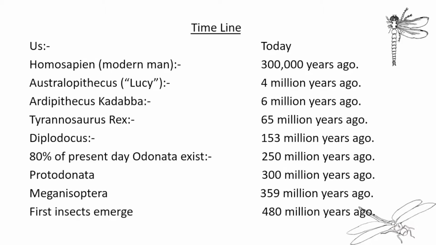Around the Odonata period, or the 300 million year period, this is when we lost the majority of the insects that came out of the original emergence from the ocean. It left us with four groups.